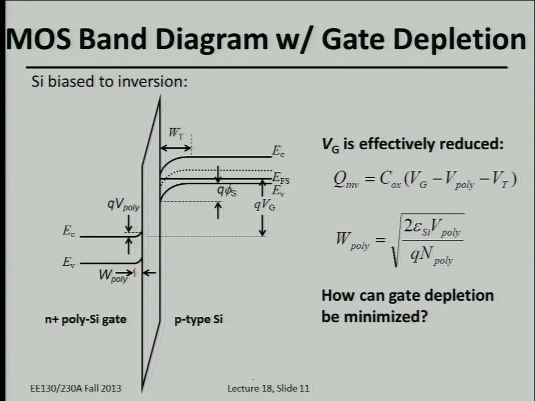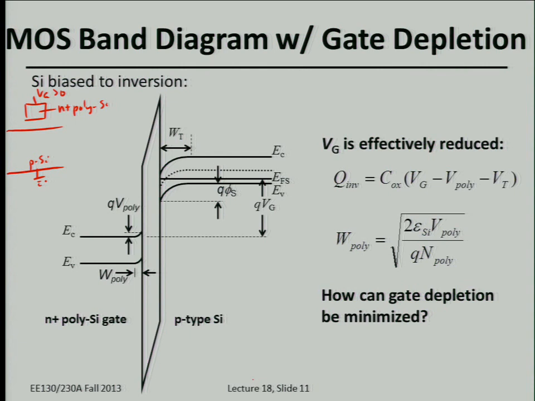This is an example for an NMOS capacitor. You have N plus polysilicon, to which you're applying a positive gate voltage, over a P-type silicon semiconductor substrate. You apply a gate voltage to deplete the surface of the mobile majority carriers, so you have a depletion region. You want to form an inversion layer to turn on, let's say, your transistor.